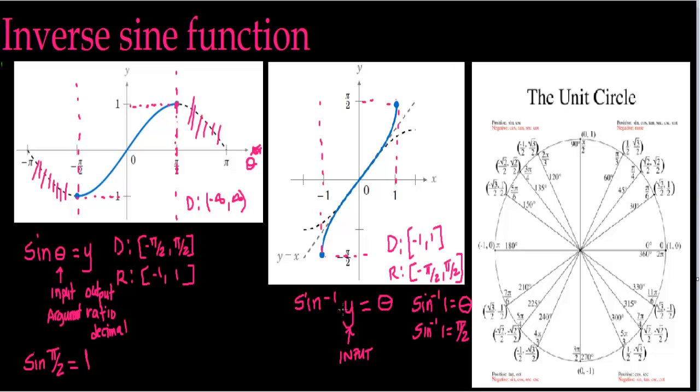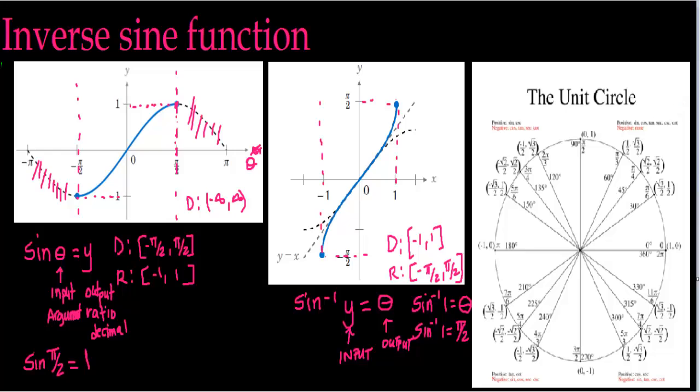Before, your argument was the input in the original sine function. Now what used to be the output in that function is your input in this one. And your output now is your angle, which used to be your input. So now it's switched, okay?